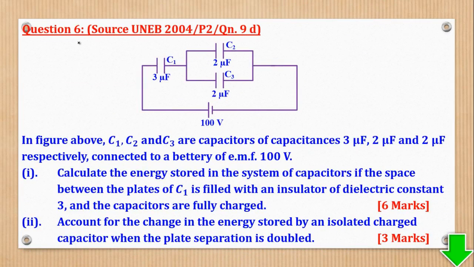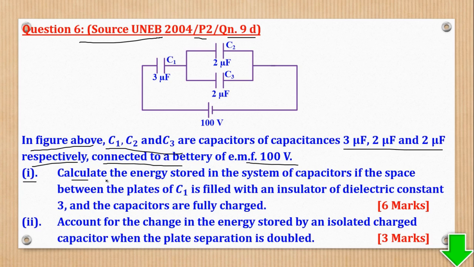Then question 6 came from UNEB 2004 paper 2 question 9D, and it says, in figure above, C1, C2, C3 are capacitors or capacitances, these ones, respectively, connected to a battery of EMF 100 volt.